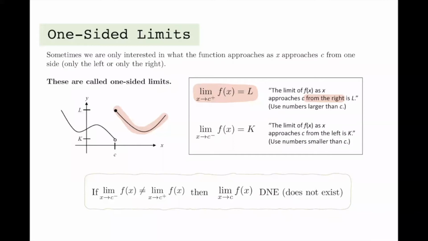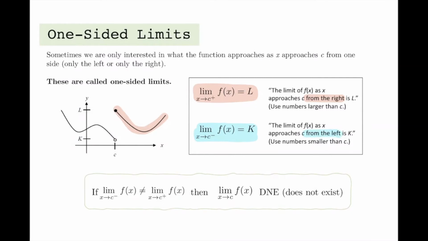On the other hand, if we want to talk about x approaching c but from the other direction, from the left-hand side, we use the same notation, but instead of a plus in the little superscript, we use a minus. So this means the limit of f of x as x approaches c from the left-hand side is now this letter I'm calling k.